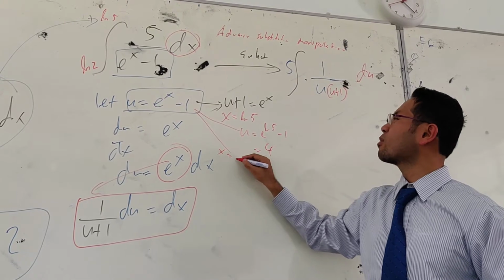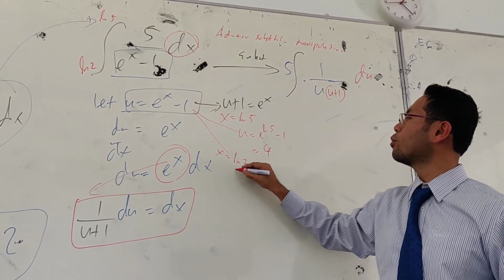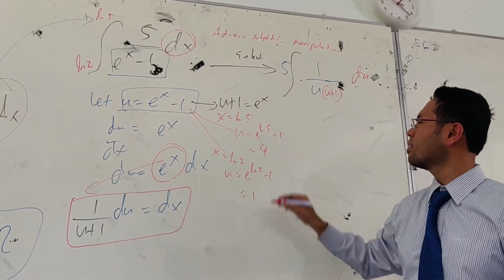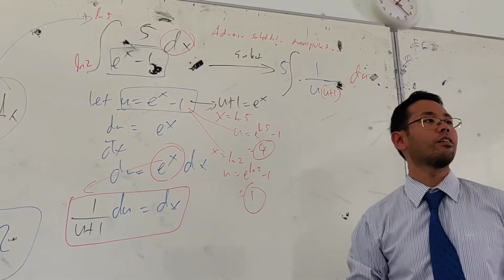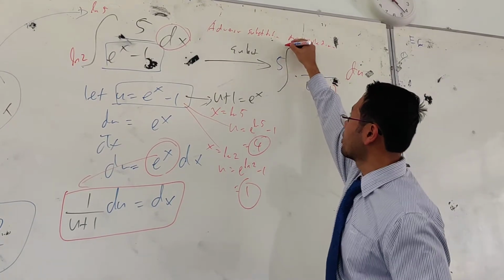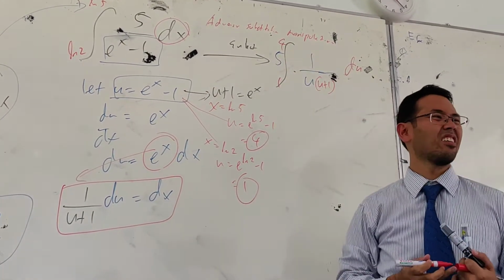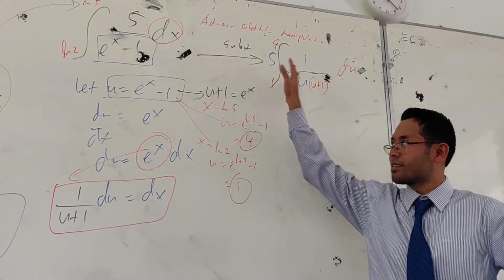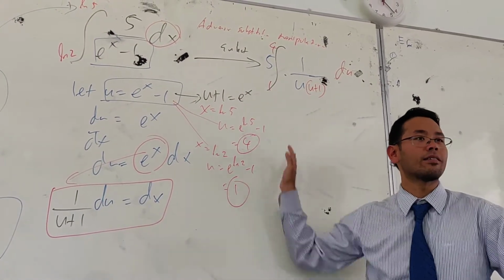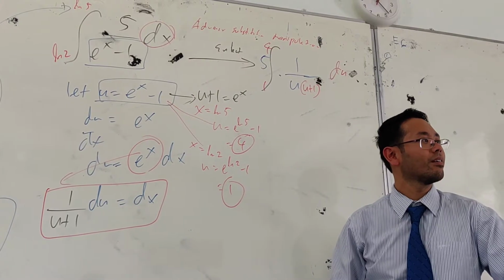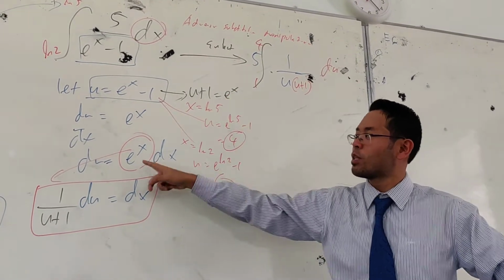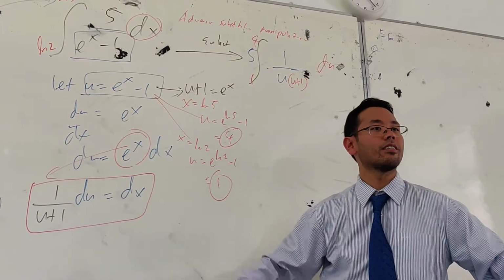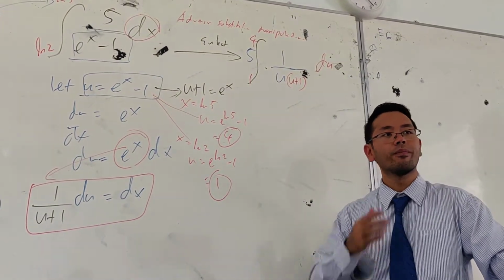Another one is x equals ln 2, u equals e^(ln 2) minus 1 gives me 1. So where should I put this 4 and 1? Up here. Right now we got all the sets, we can continue. But this is the main part that you need to understand. Are you okay? Advanced substitution manipulation. We got this extra, we bring it down here. We need to change by manipulating. That's the new thing for you.